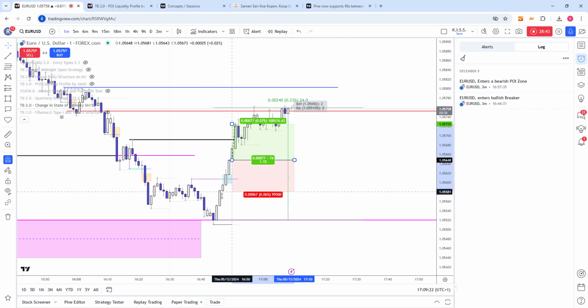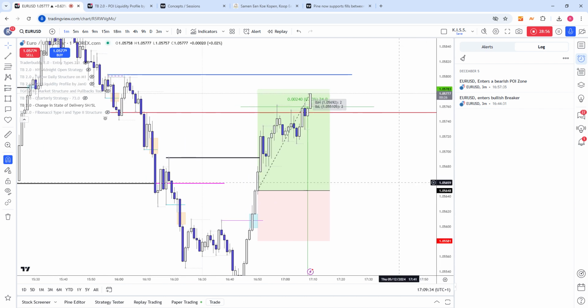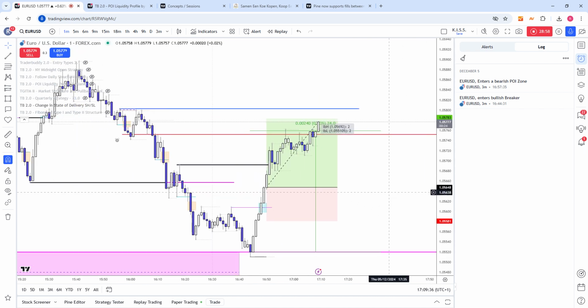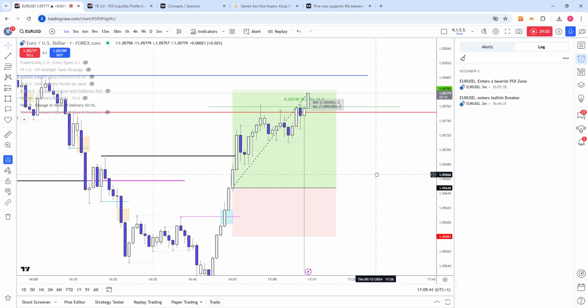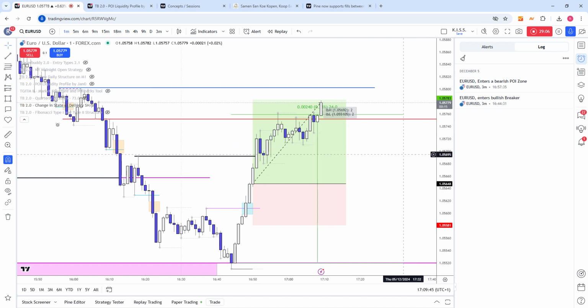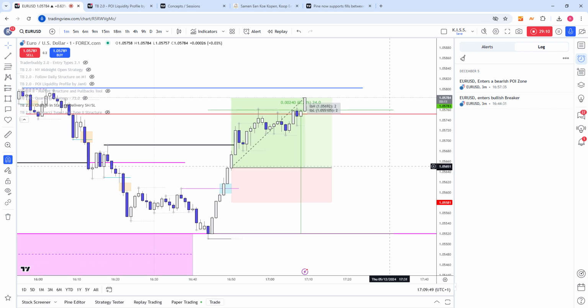You put it over here and then 2R. Well, maybe. And one more, then we have 2R. Yeah, 2R, valid trade.